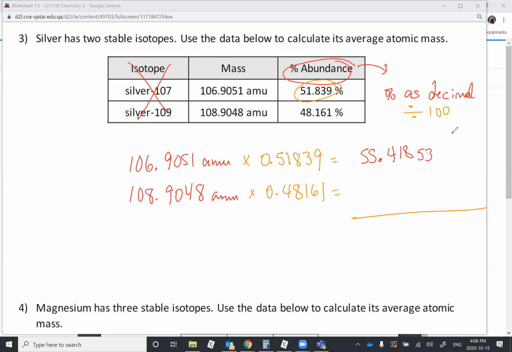We don't like to round until the end, but in terms of significant figures, because I'm multiplying, I can only take the lowest number. That's 5 significant figures. So again, your test isn't really many questions on sig figs, but we should know how to do sig figs. So I multiply the next number, 108.9048 times decimal 0.48. I talk to myself when I do math sometimes, and I get this answer. This seems different than what I had this morning. Let me just make sure I didn't make a typo.